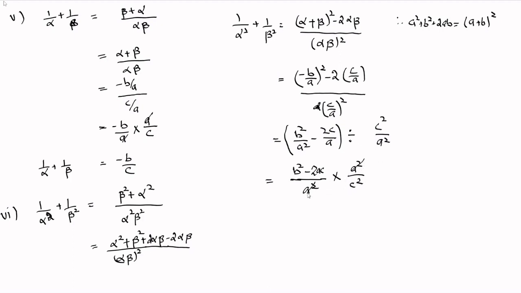Now a square cancels out with a square, so we have b square minus 2ac divided by c square. So the value of 1 over alpha square plus 1 over beta square in terms of the coefficients is b square minus 2ac divided by c square.